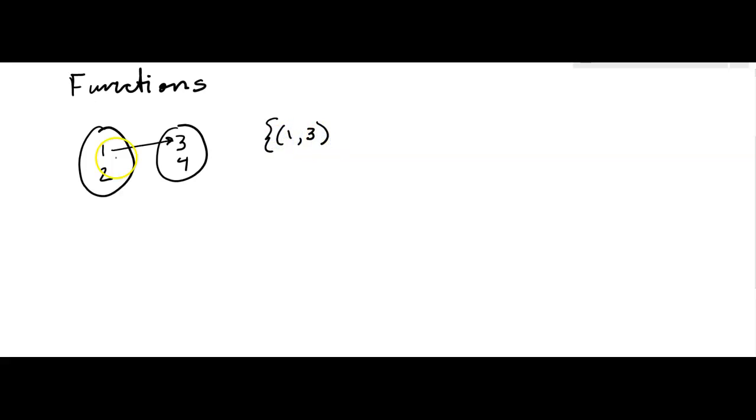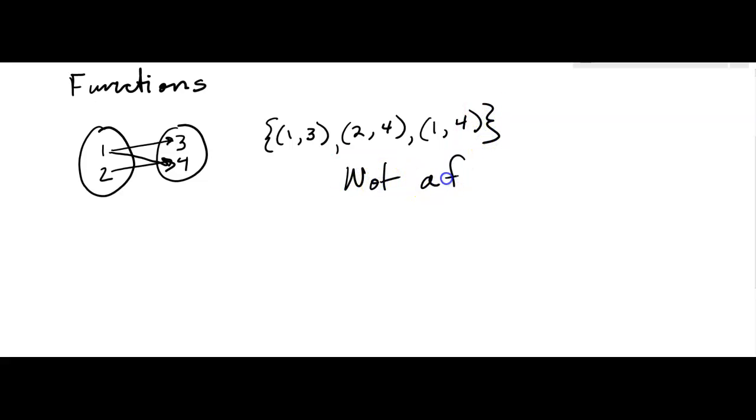And then, if you had 2 mapping to 4, that was fine. But then we said, well, you can't have 1 going to 4. You can't have the 1 going to 2 different places. Okay, so this is now not a function. We had a function there for a minute. But then when I added that third point, now it's not a function.